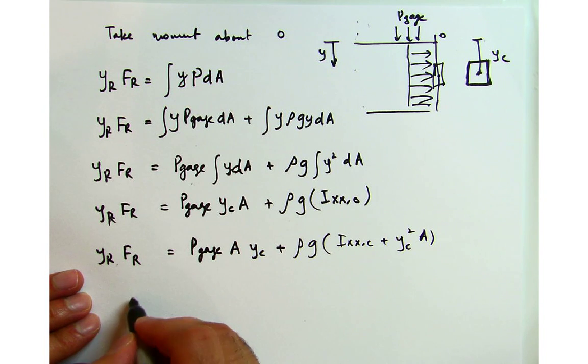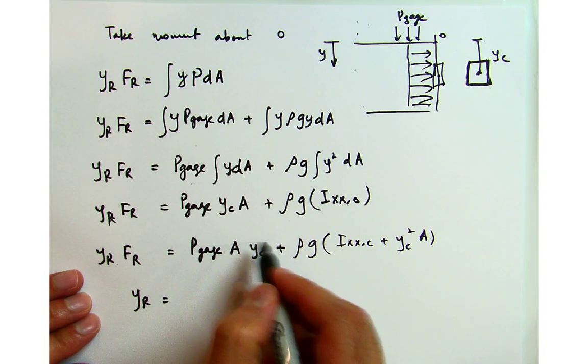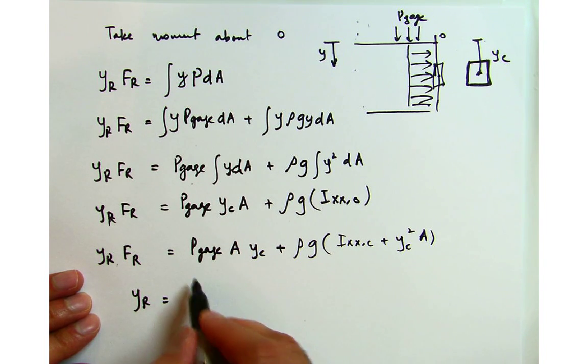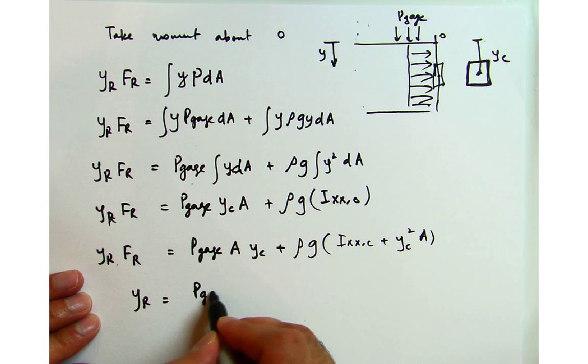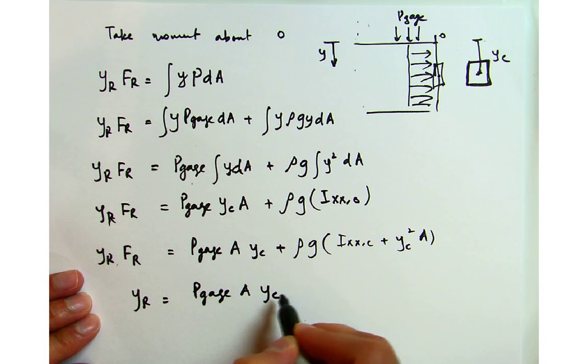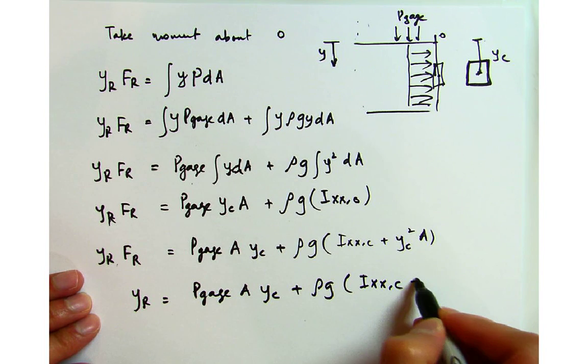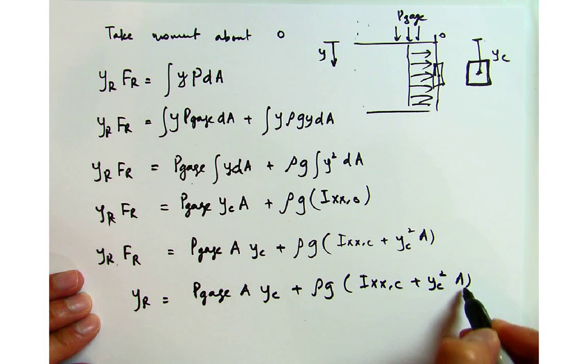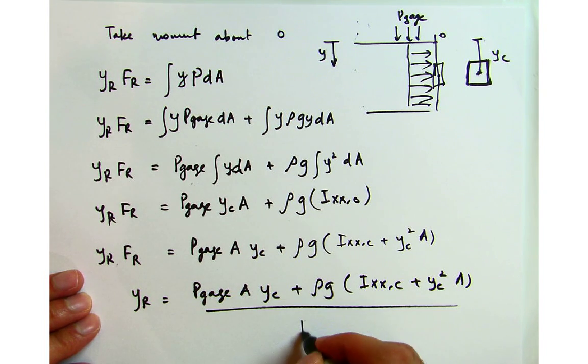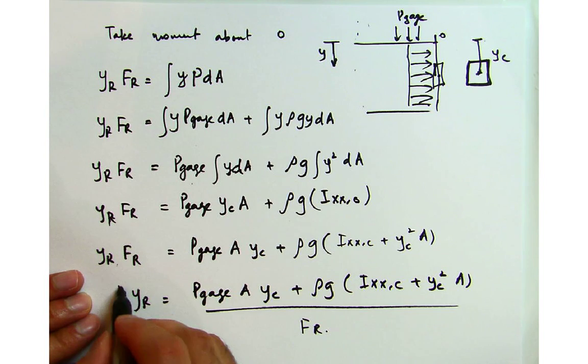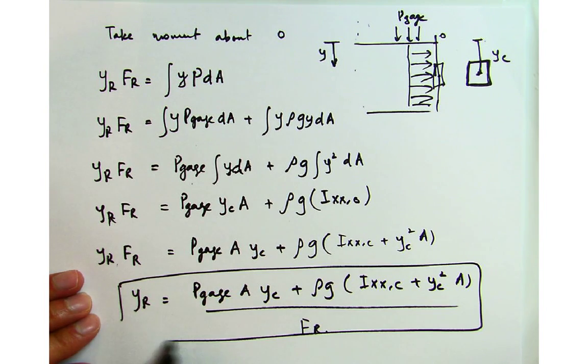Then in order to find yR, we have the whole relationship, and I will simply divide by FR. Most of these quantities we can easily compute, and the gauge pressure and everything will be given to us. So this tells us the location of that resultant force.